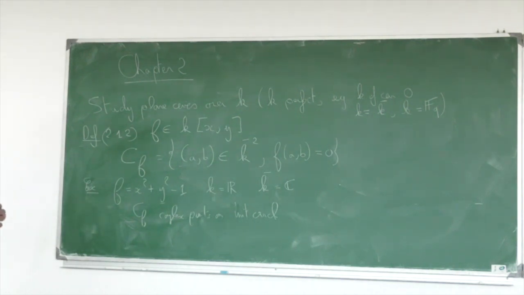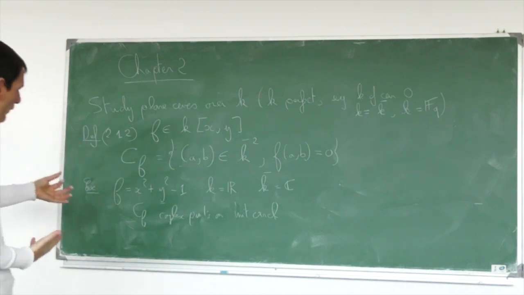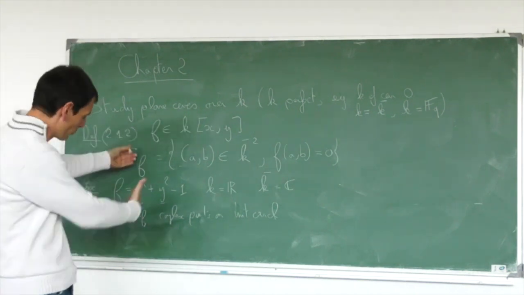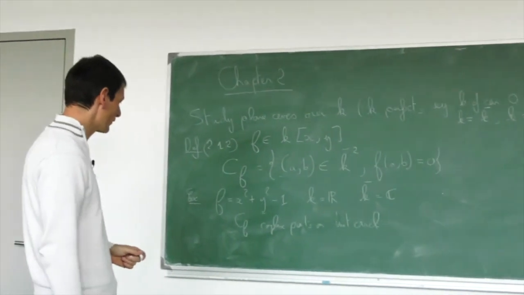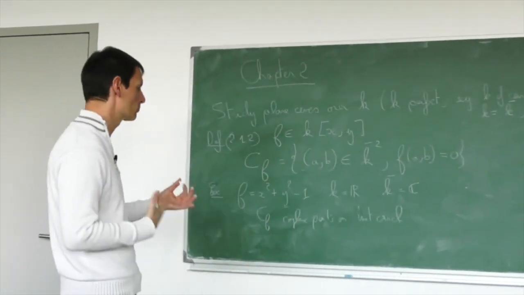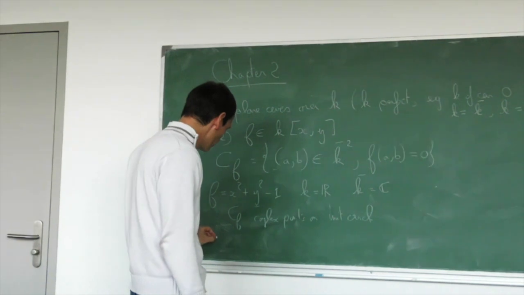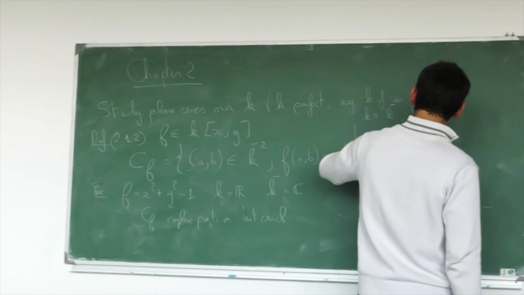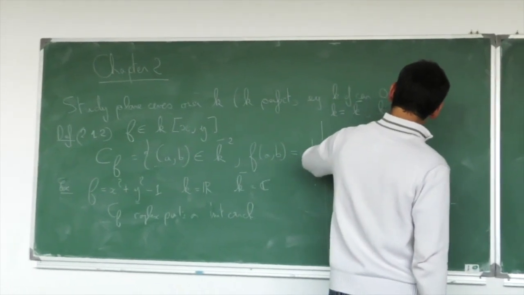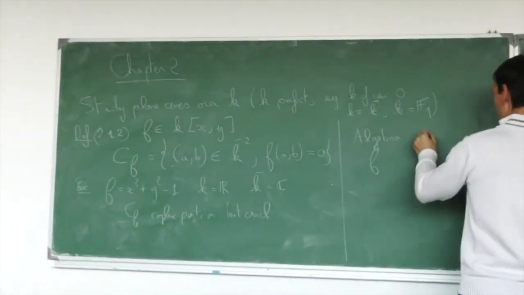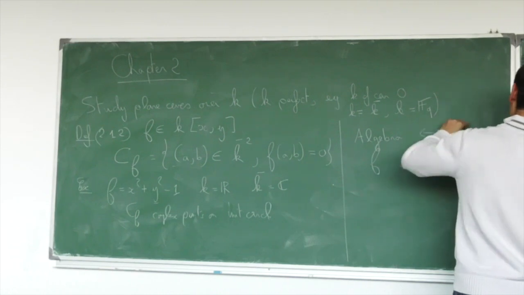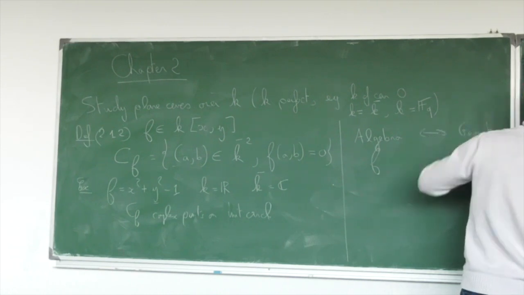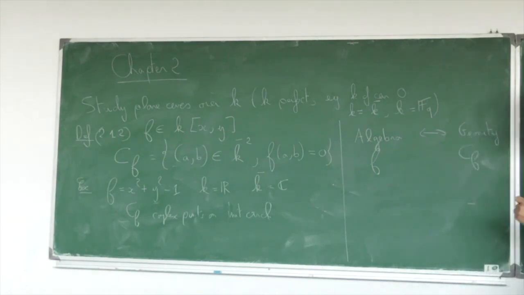One important thing behind all, let's say, the philosophy of algebraic geometry, because we are going to consider algebraic elements and the geometry of them, is that there is a kind of duality, a correspondence, between the algebra on one side, which is the polynomial f, and the geometry on the other side, which is C of f.